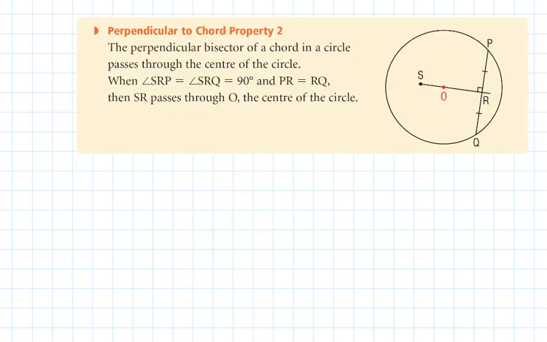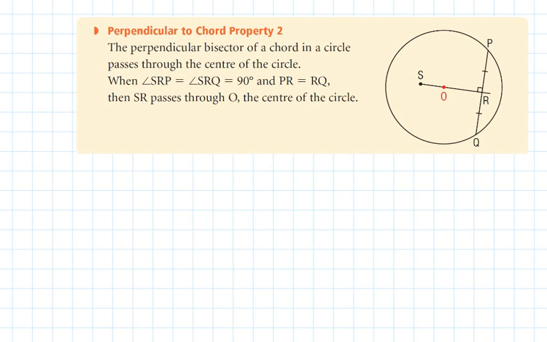property 2, says the perpendicular bisector of a chord in a circle passes through the center of the circle. Here they're working backwards. If you have a chord and then you draw a line that bisects it and is at a 90-degree angle, that line will go through the center.